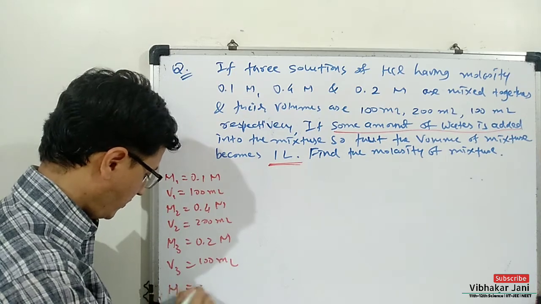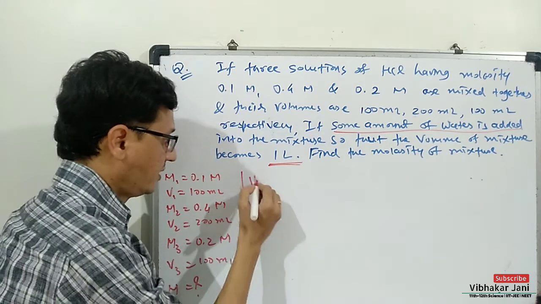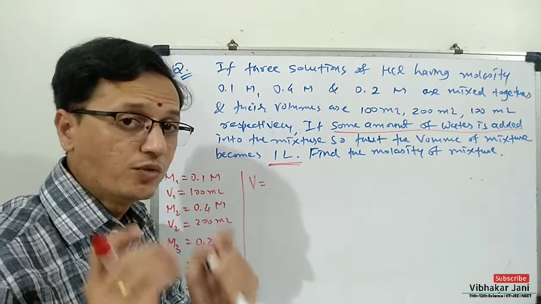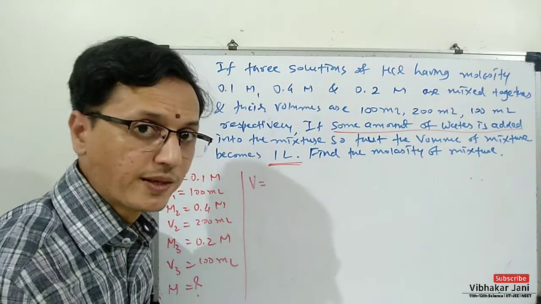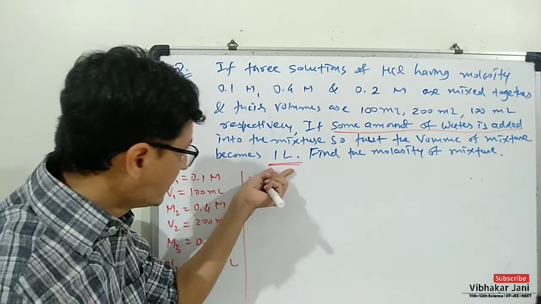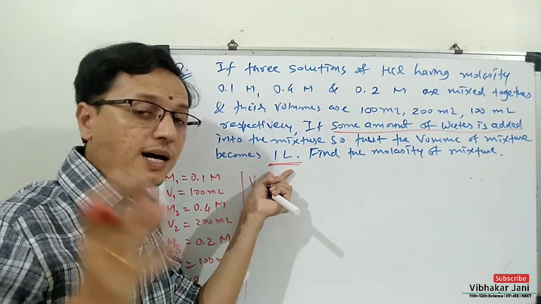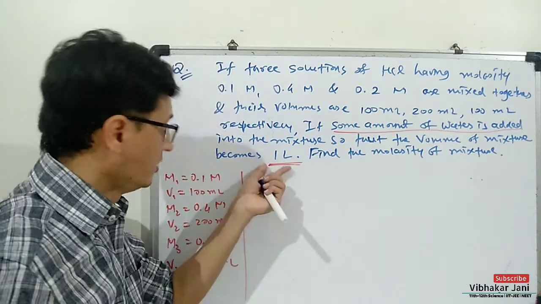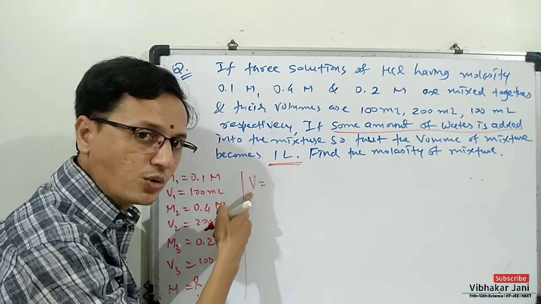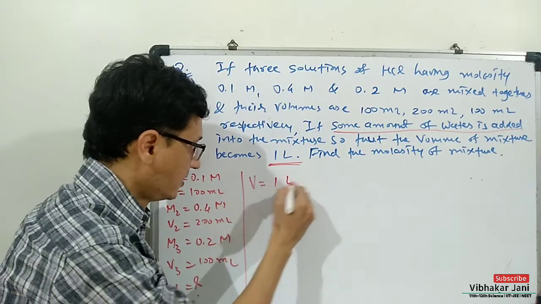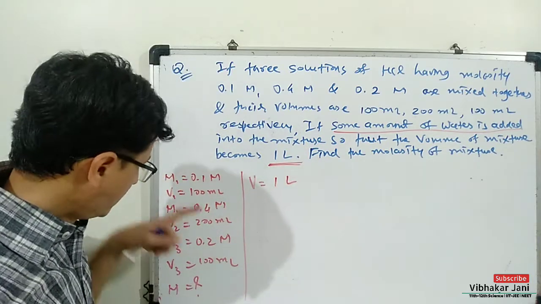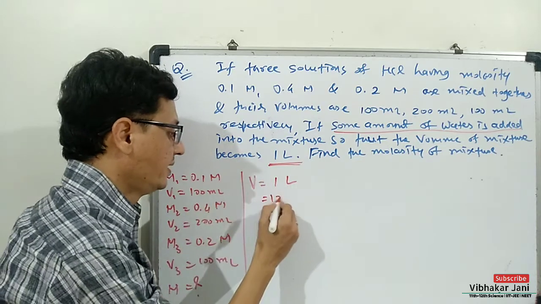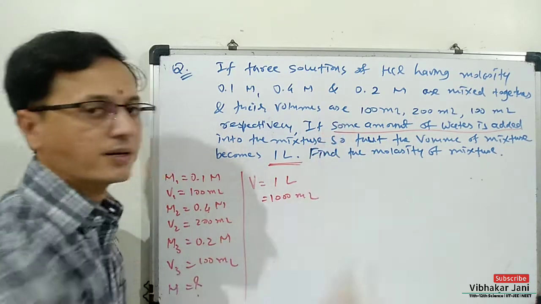We are asked to find molarity of mixture, but here the total volume of our mixture is not equal to V1 plus V2 plus V3. Why? Because it is already given in the question that after addition of water, the volume of mixture becomes 1 liter. So here the total volume is taken as 1 liter, but as these volumes are given in milliliter, we will convert this into milliliter, that is 1000 milliliter.